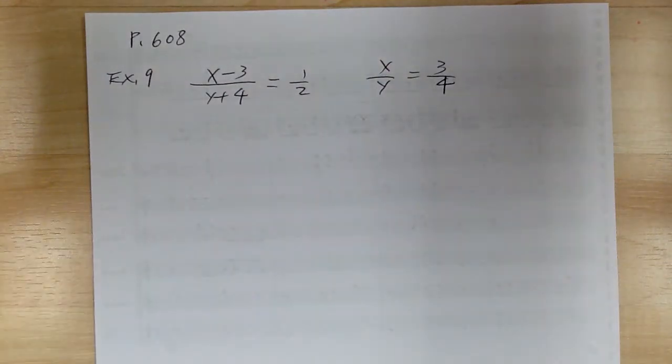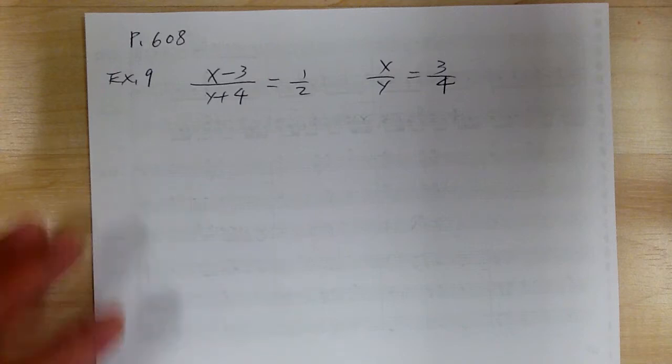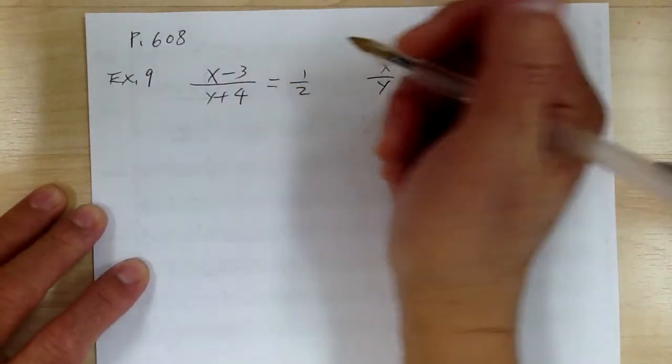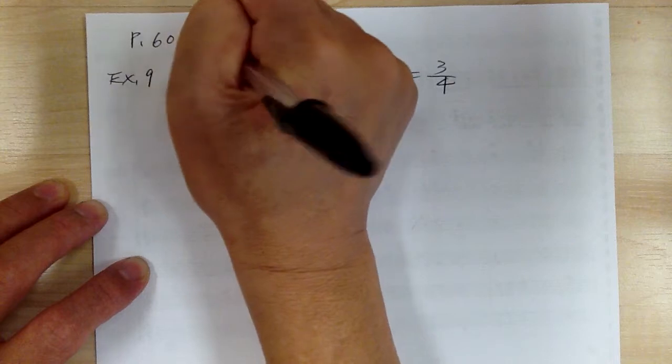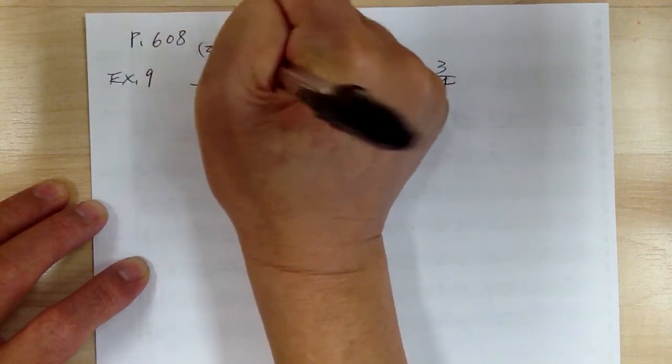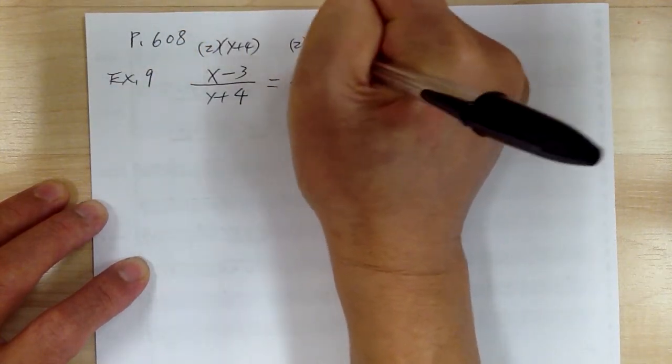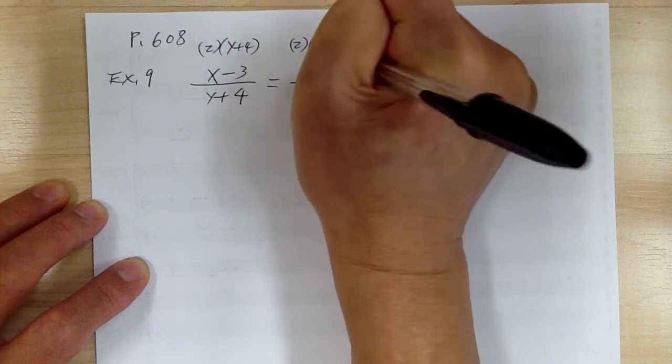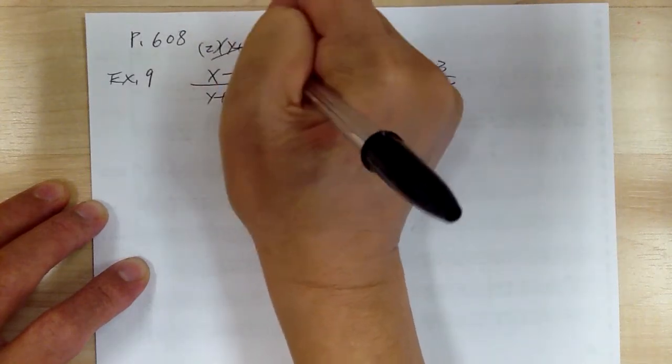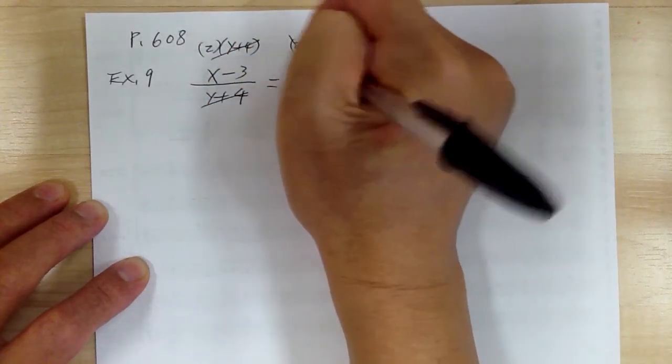So the first thing you need to do is get rid of the fraction. There are two ways to do this. One is to multiply by the LCD. The other method is to just cross multiply. If you multiply by the LCD, it would be 2y plus 4. Notice what happens when you cancel things out.